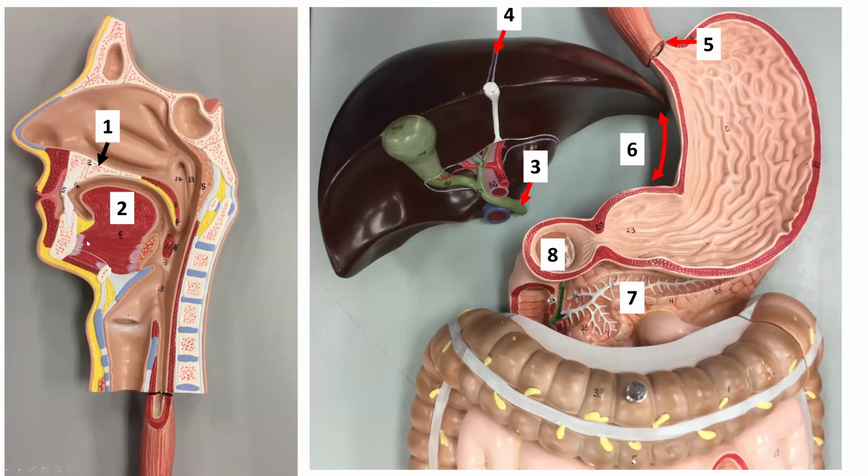Okay, 1, we already saw hard palate. 2, tongue. 3, what was that structure there? Common bile duct. What was number 4? Falciform ligament. Good. Number 5, we've seen this before.